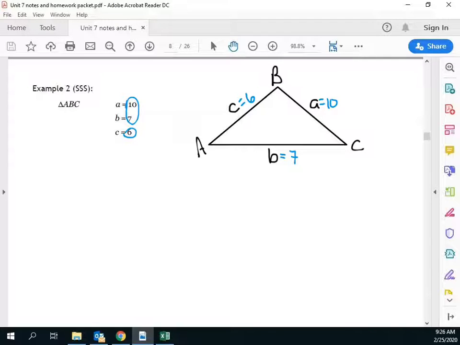Now, you get suspicious sometimes if you see something like this. You go through there and go, okay, 6 plus 7 is 13. That's not greater than 15. So if we go into our formulas and start finding all the angles, you will get an error. You'll end up with the square root of some big number, and it won't work.